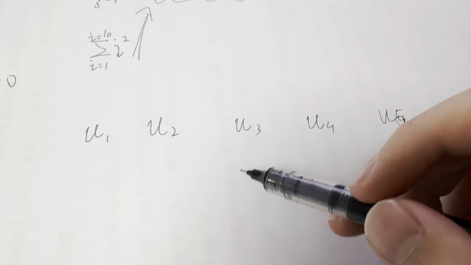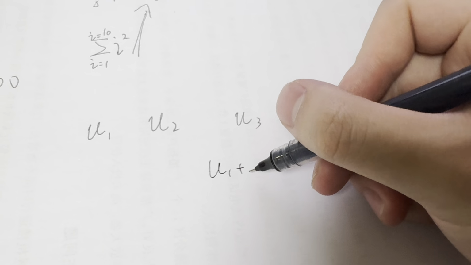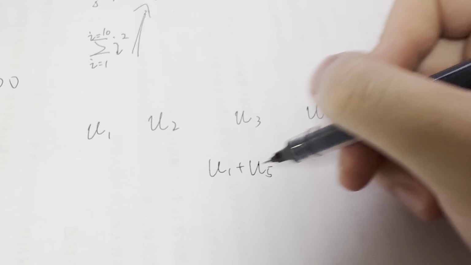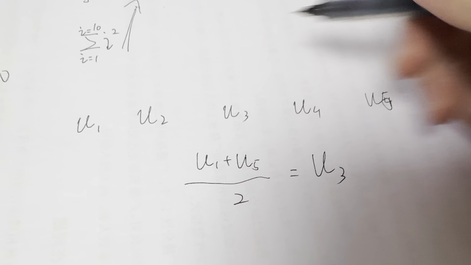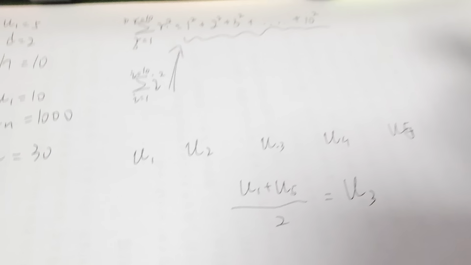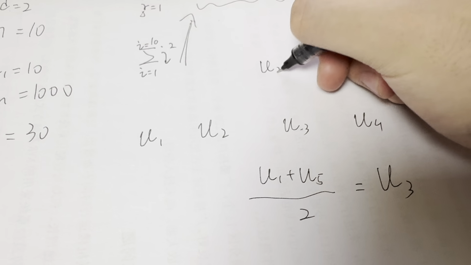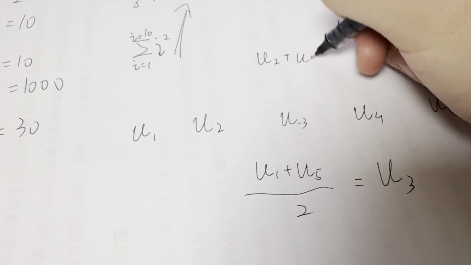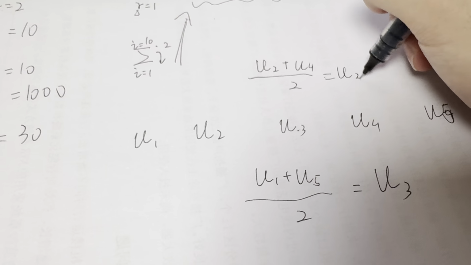We know that U1 plus U5 divided by 2 is equal to U3, right? It makes sense because U3 is the middle point in an arithmetic sequence. But we also know that U2 plus U4 divided by 2 is also equal to U3.